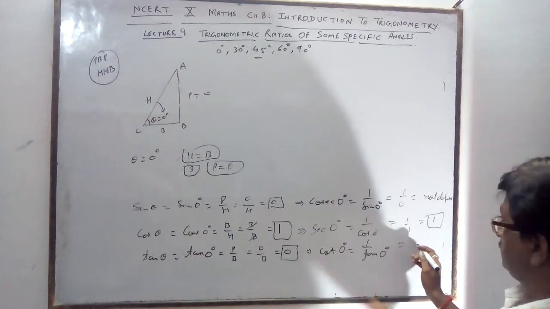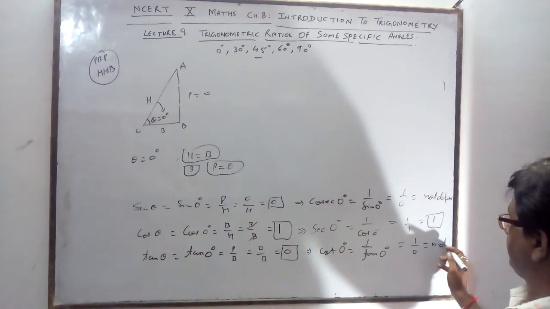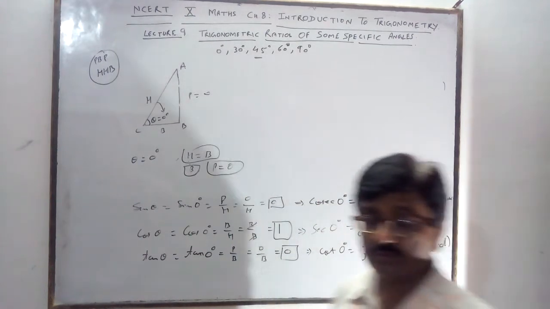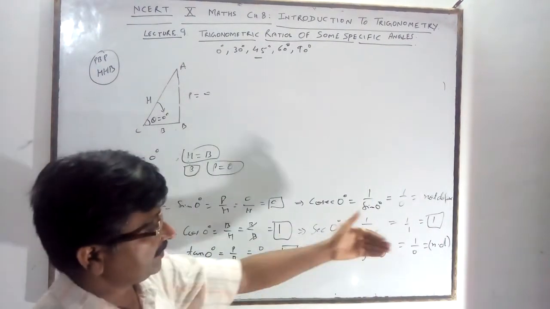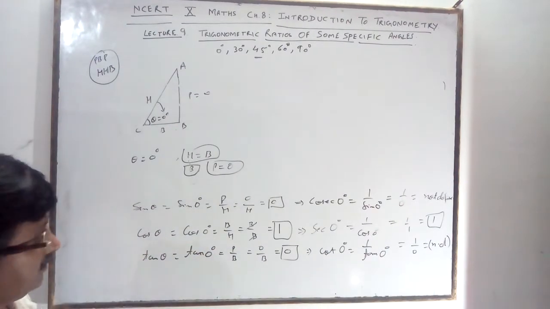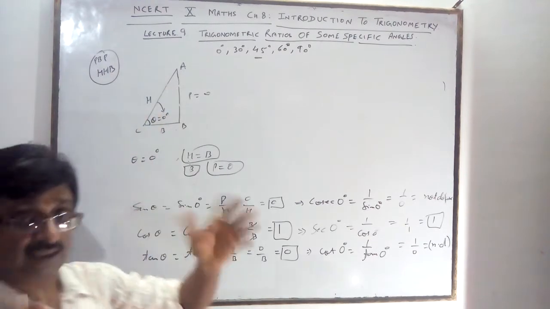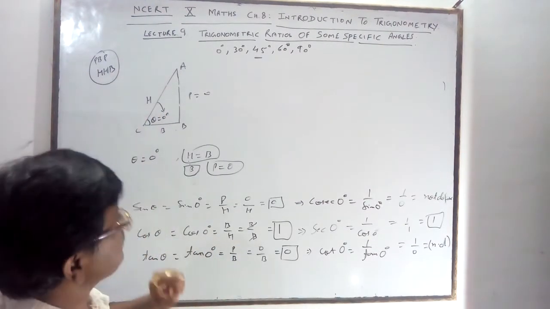Tan 0 is 0, so 1 by 0 is again not defined, or you can say infinity. If 0 is in the denominator, it is not defined. So like this you are getting the values for 0 degree.